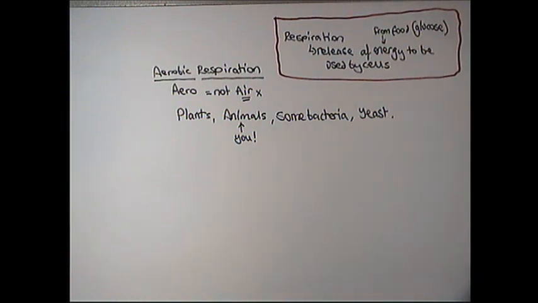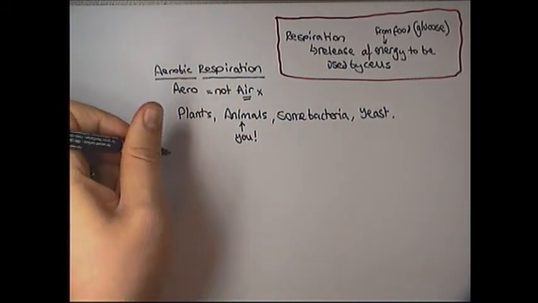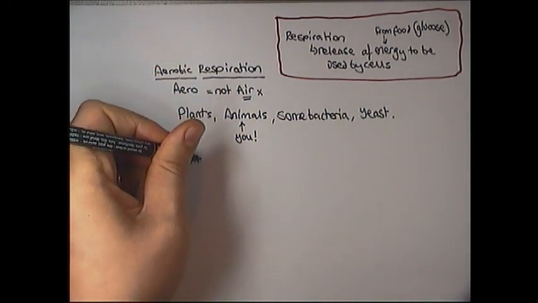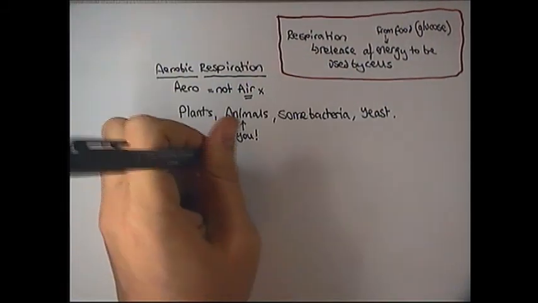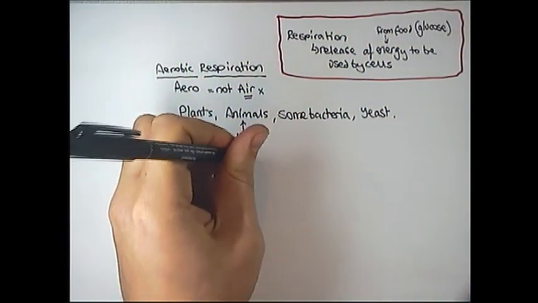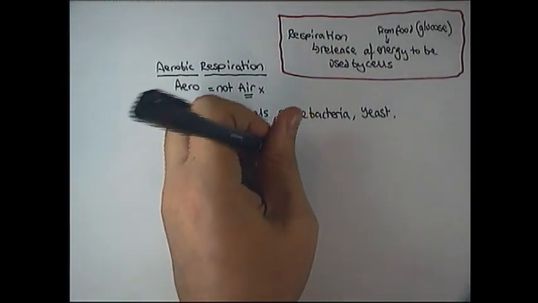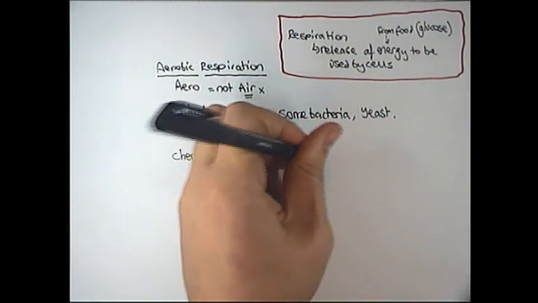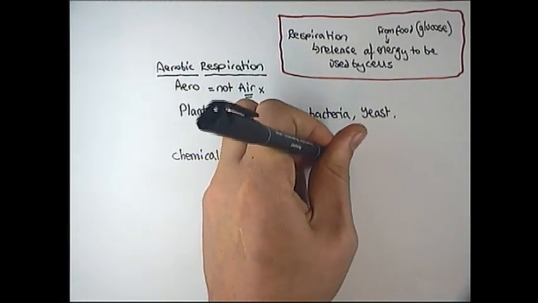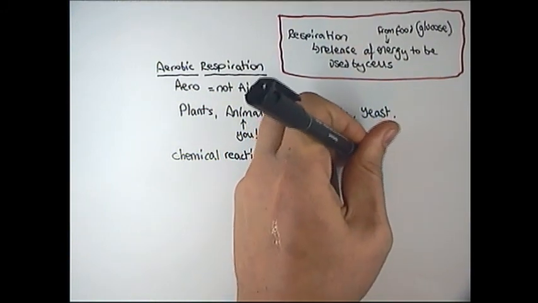So aerobic respiration is nothing but a chemical reaction that takes place within your cells and releases energy. So the point of it is to release energy for the cells to use.